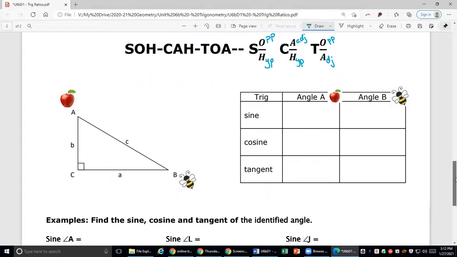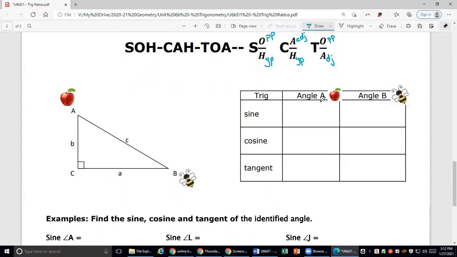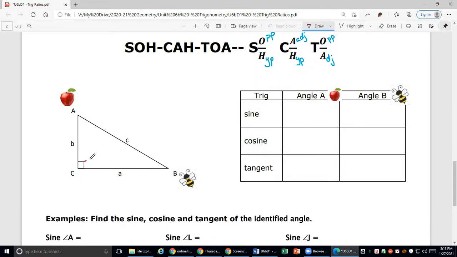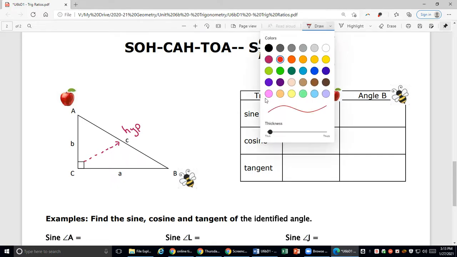Okay, let's look at an example. Let's say I want to find the sine, cosine, and tangent with respect to angle A. Remember I said the very first thing you're always going to label is your hypotenuse. So I label the hypotenuse, which has a value of C. Then I ask, what angle am I standing at?